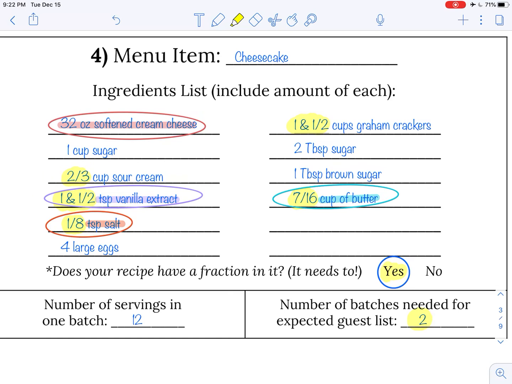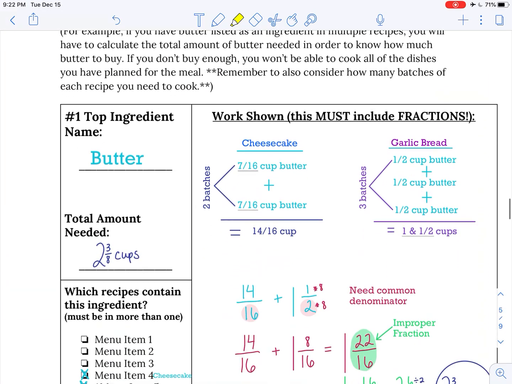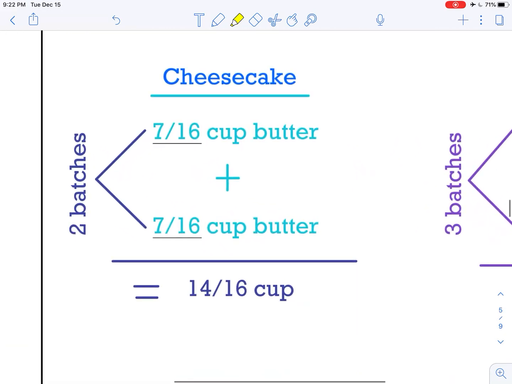So when I look at this recipe and I focus on the butter, it says for 1 batch, I need 7/16 of a cup. So if I'm going to make 2 batches, you can see my math down below here. I need 7/16 of a cup plus another 7/16 of a cup.